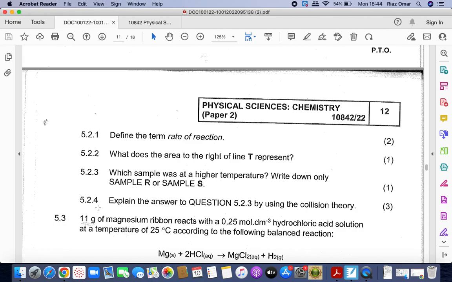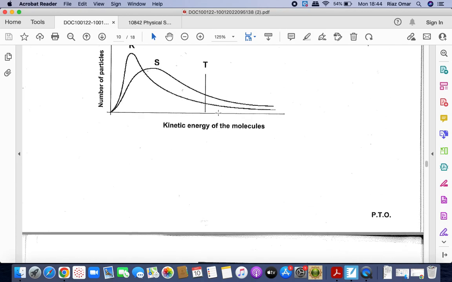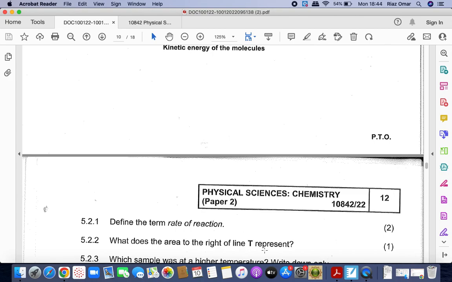What does the area to the right of line T represent? We just mentioned it. They are particles that have sufficient kinetic energy for effective collisions to take place. Alright, so we can write it down. 5.2.2.